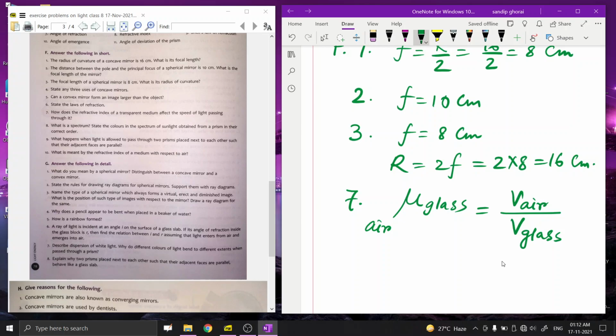Okay, the next question is: what happens when light is allowed to pass through two prisms placed next to each other such that their adjacent faces are parallel?